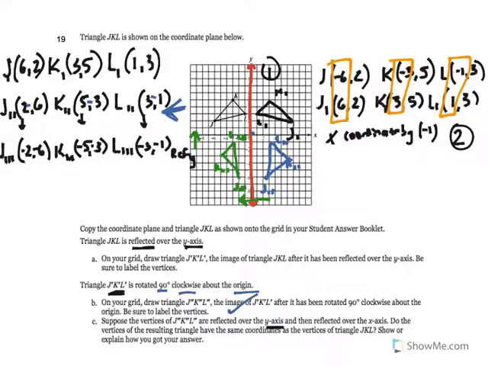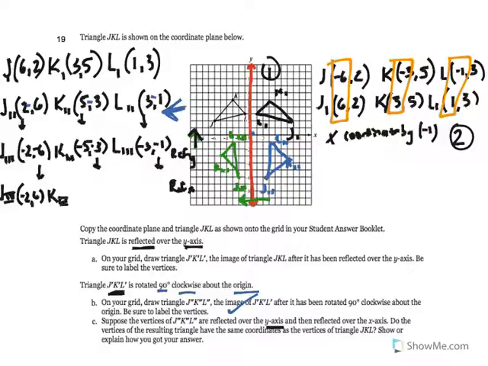Now let's reflect these points, this figure right here, over the x-axis. So we have J 4th prime. If we reflect over the x-axis, we multiply y by negative 1, okay? And we get negative 2, 6.